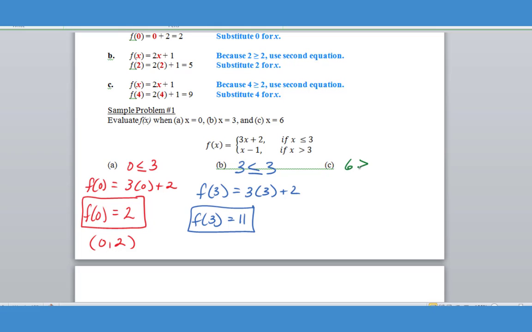And so you can see here we want to pick the piece where 6 is greater than 3. That makes a true statement. So we're going to evaluate f of 6 for the second piece, and f of 6 equals 5. So that is just your first example of dealing with a piecewise function. We were basically just evaluating like we did in Unit 1, and now we just have to pick the appropriate piece.